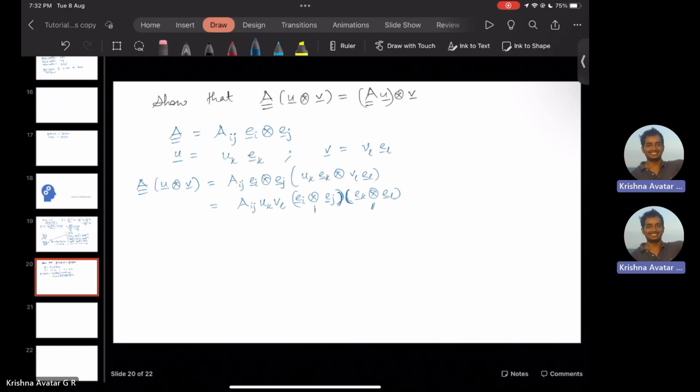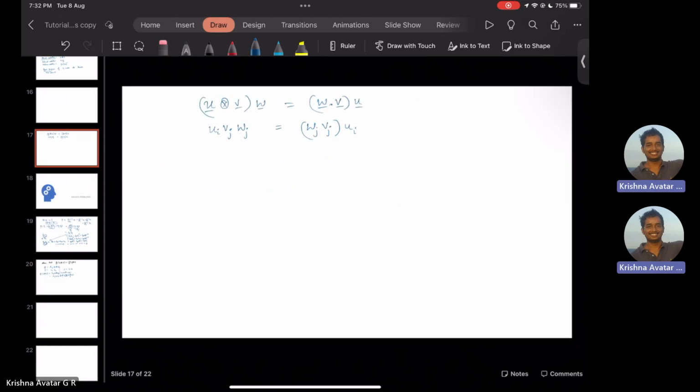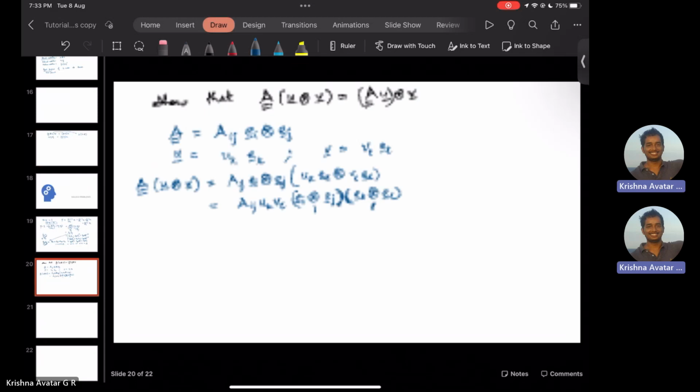Based on the property of the dyad that we had seen, if a dyad is acting on some quantity, then the side at which that operation is being done converts into a dot product. Just notice the pattern here. We are going to use this.